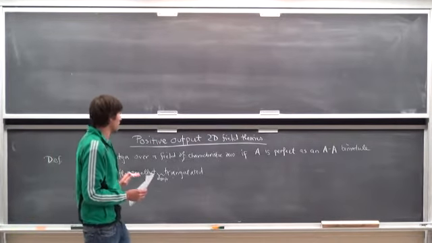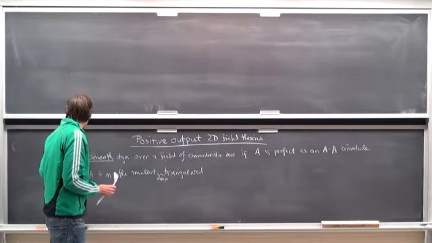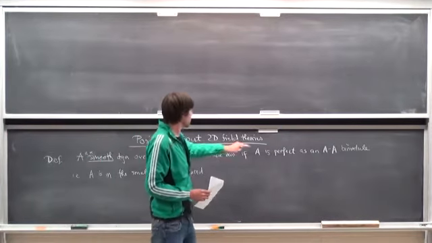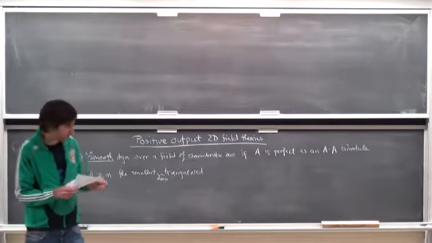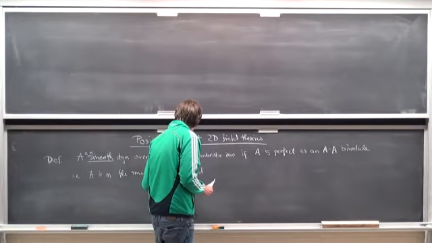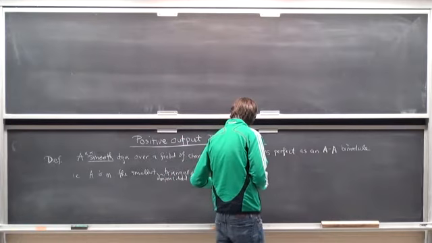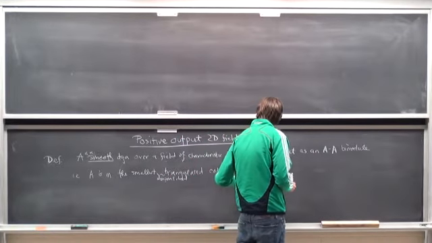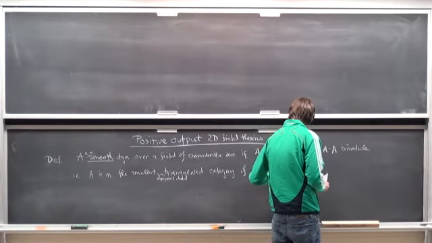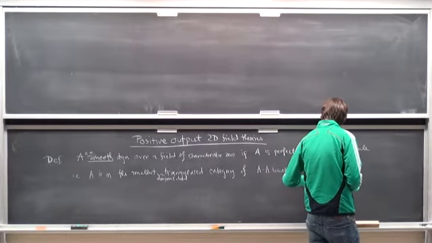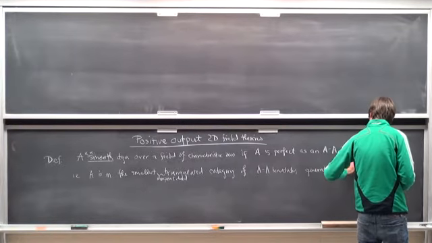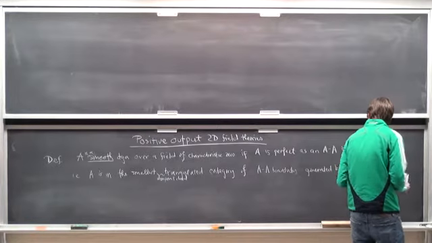Yes, A is a smooth DGA if, over a field of characteristic 0, A is perfect as an AA bimodule, which means that A is in the smallest idempotent closed triangulated category of AA bimodules generated by A tensor A op.